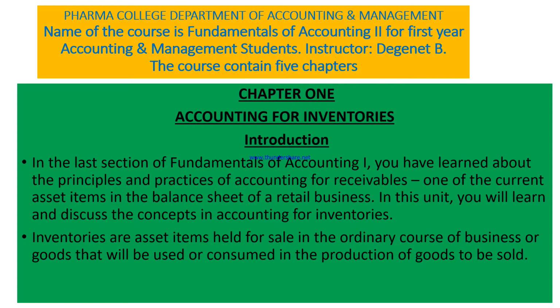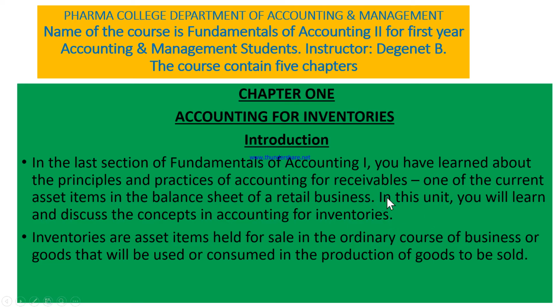When we come to the introduction, in the last section of Fundamentals of Accounting 1, you learned about the principles and practice of accounting for receivables. This is one of the current asset items in the balance sheet of a retail business.